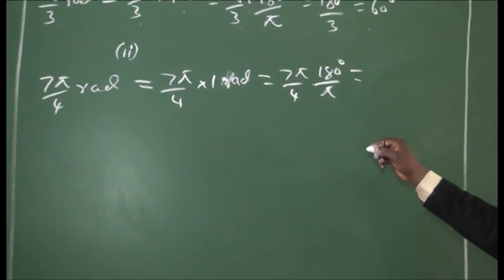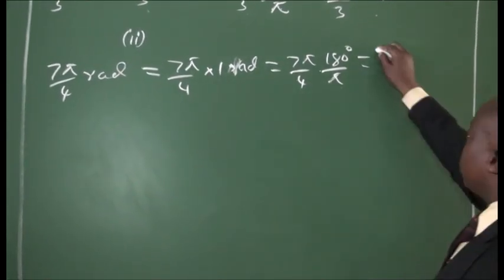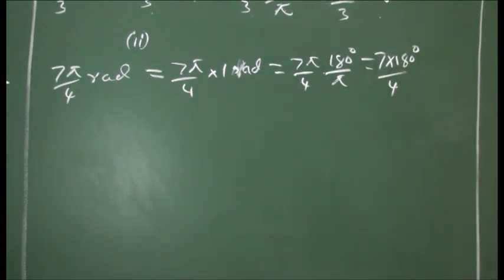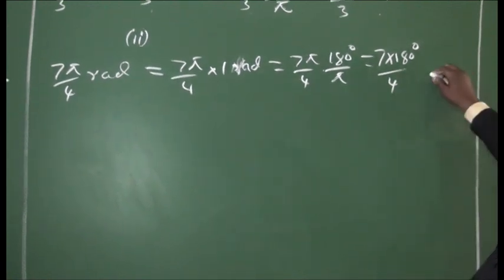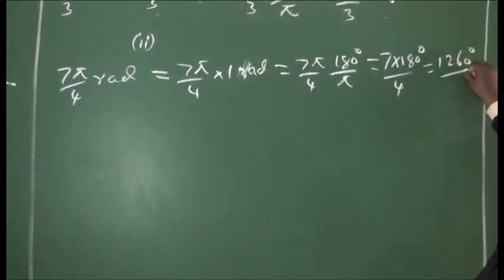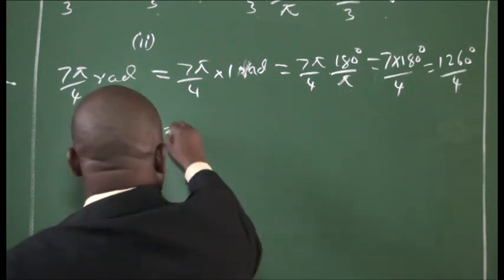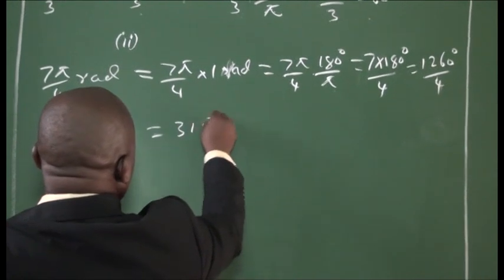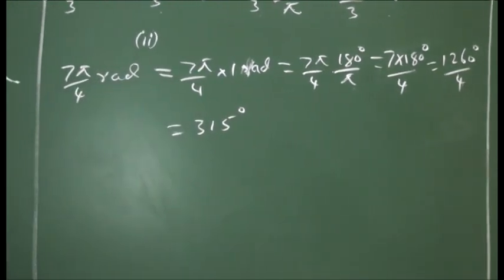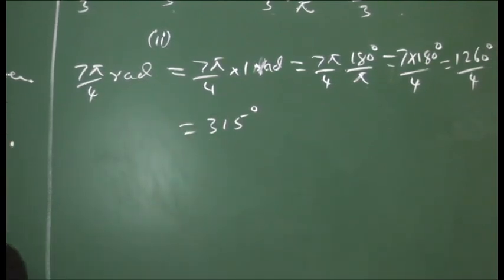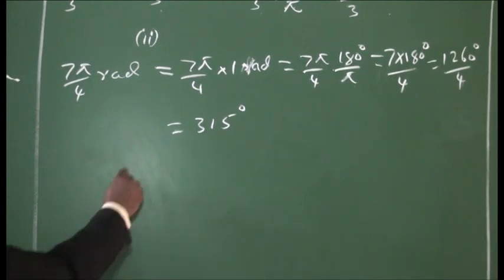So what we have there is 7 times 180 degrees divided by 4. 7 times 180 gives us 1,260 degrees divided by 4. That will give us 315 degrees. So you see, 7 pi over 4 radians is equivalent to 315 degrees.